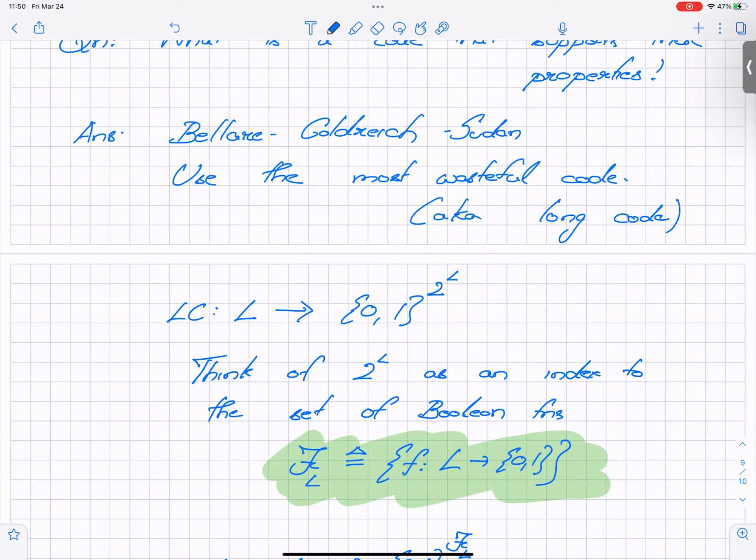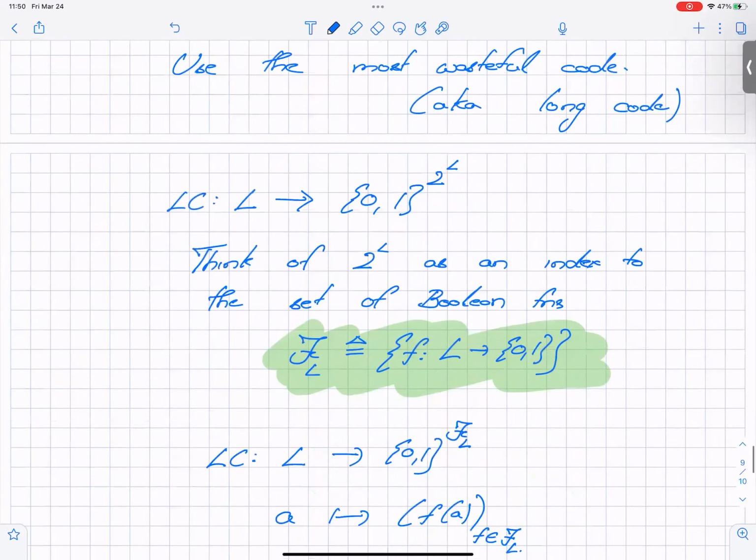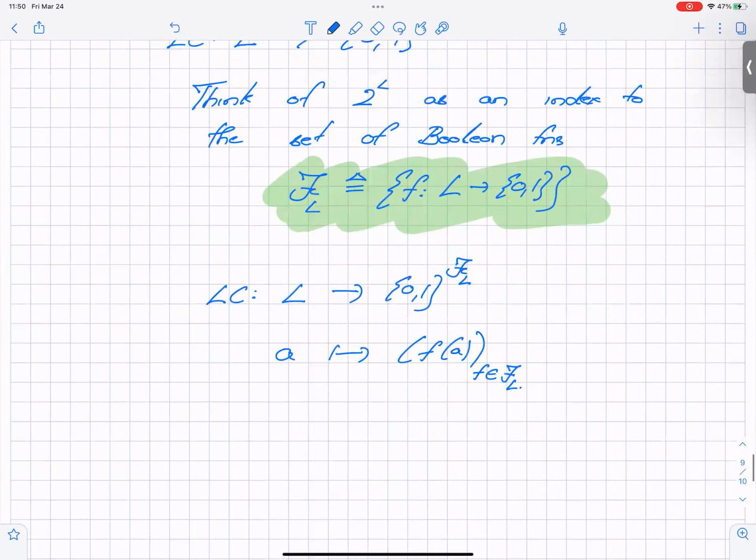Can I come up with a 3-query test that, given a 2 power L long string, checks if it is a valid long code encoding, a valid long code word?